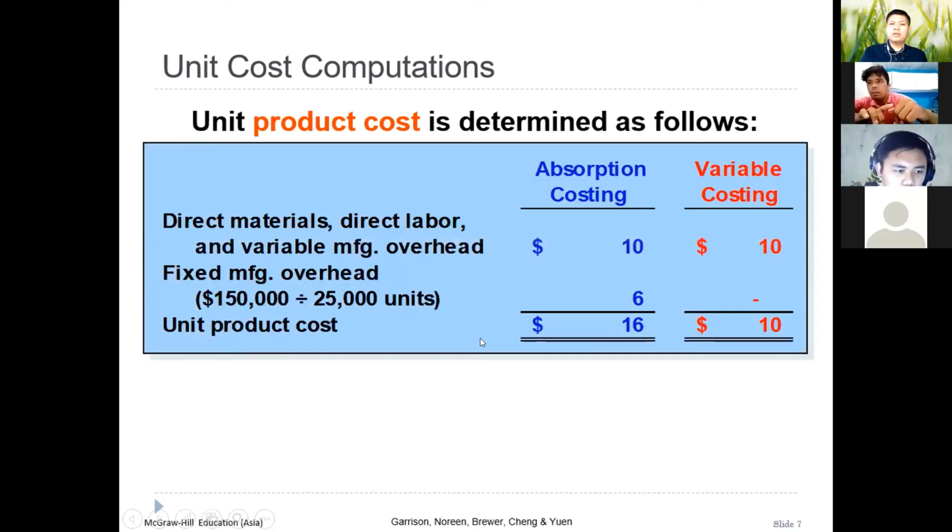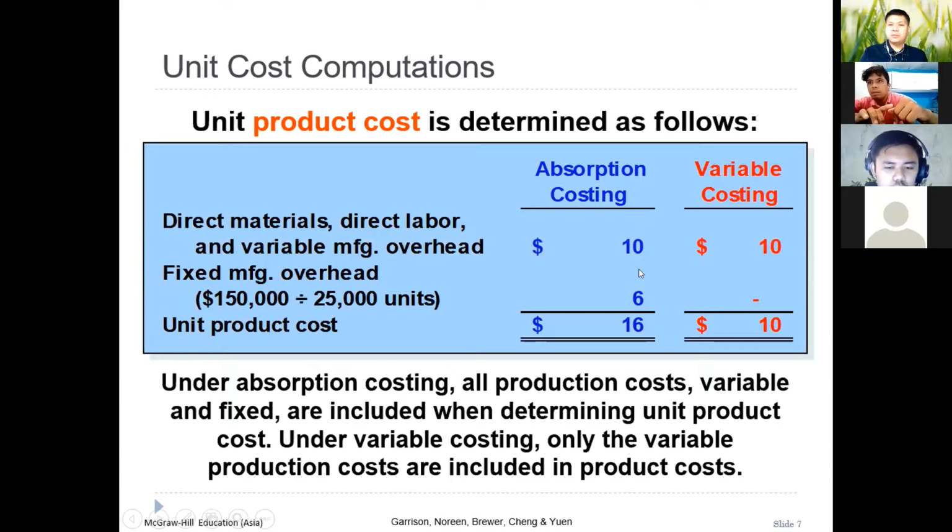Now, the unit product cost is determined as follows. For the absorption costing, as we said, all elements of costs are included, including variable and fixed manufacturing overhead. So 10 is given: direct materials, direct labor, and variable manufacturing overhead. You just have to compute for the fixed portion of the manufacturing overhead.